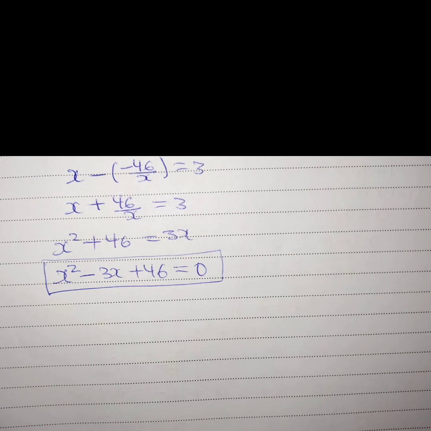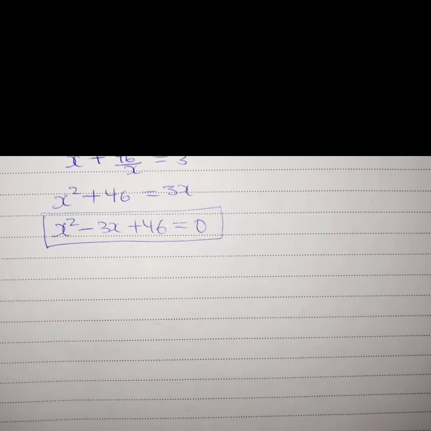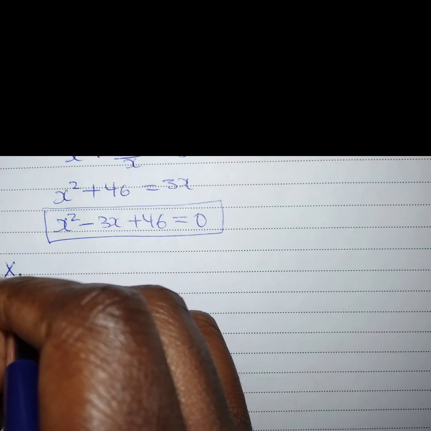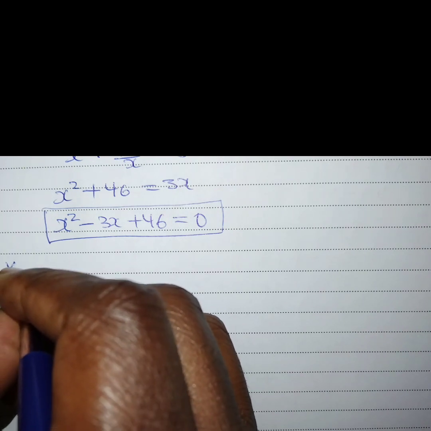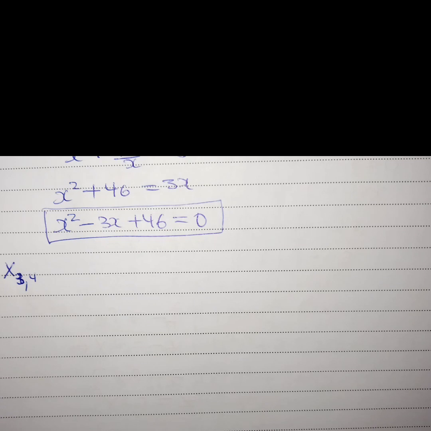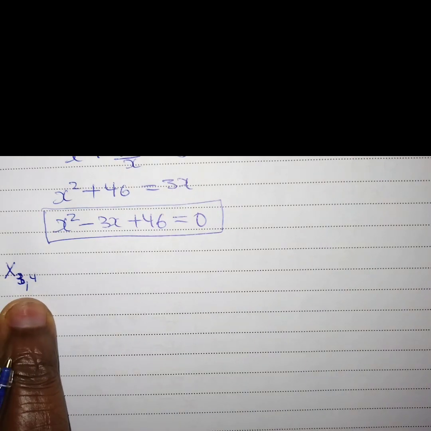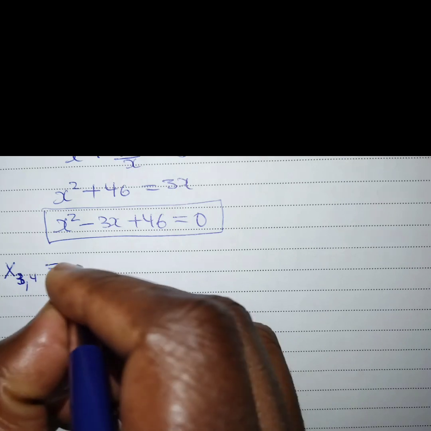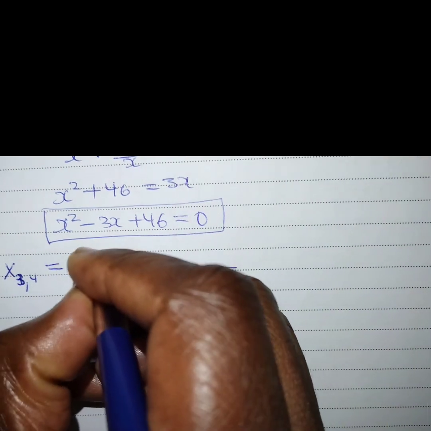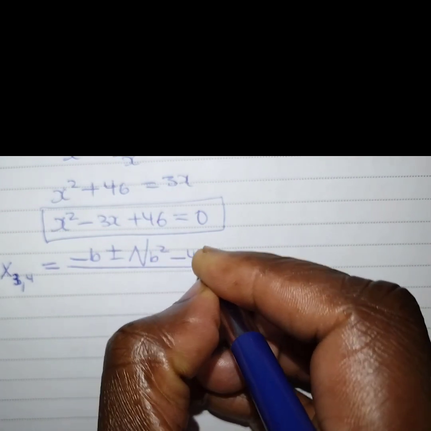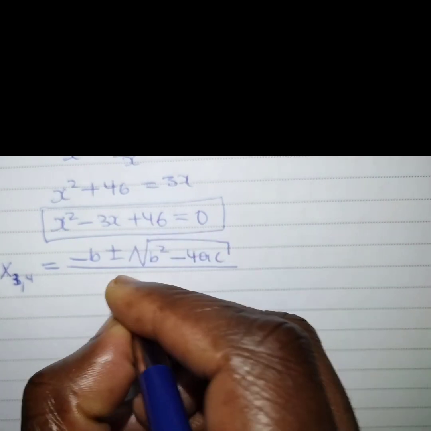I'll solve this quadratic equation using the quadratic formula. We'll call the roots x3 and x4, because we have found already the two roots x1 and x2 before. So x3 and x4 will be obtained as minus b plus or minus square root of b squared minus 4ac all over 2a.